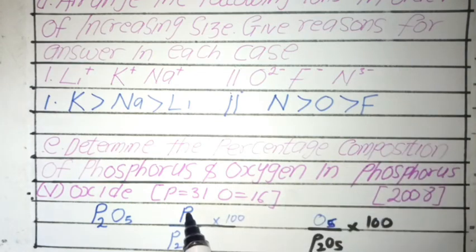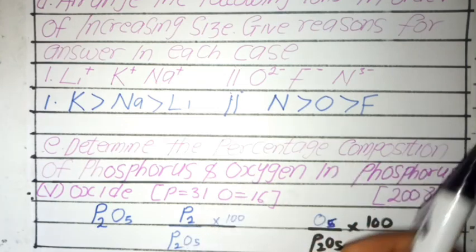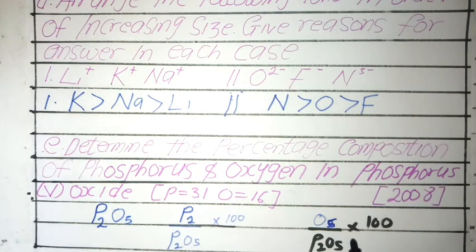P is 31, 31 times 2, right? Then 31 times 2 plus 16 times 5. Divide then multiply by 100, you get the answer for P. Then for oxygen, 16 times 5 over the same thing you did here, 31 times 2 plus 16 times 5, you divide, multiply by 100 to get your answer.